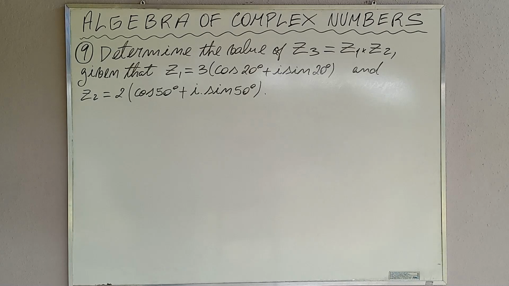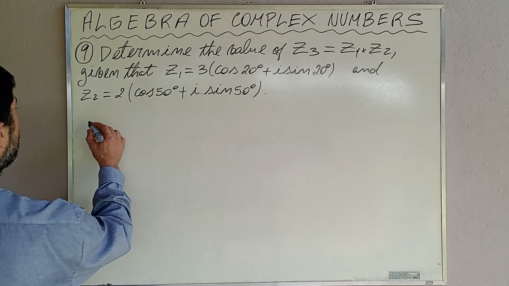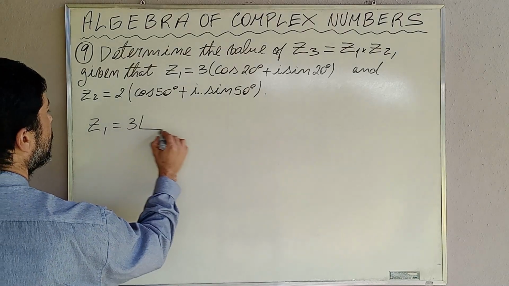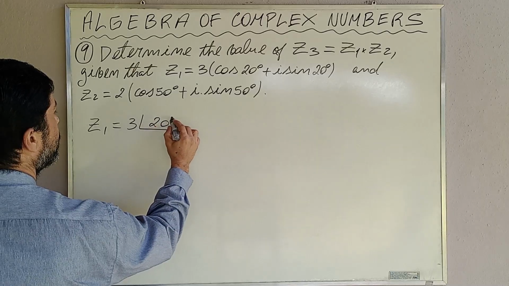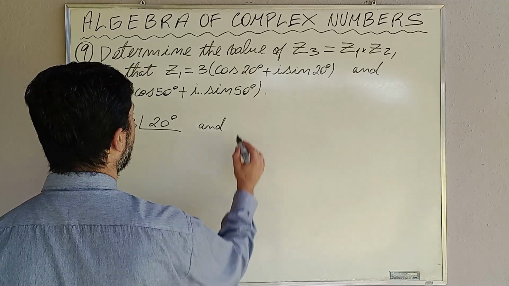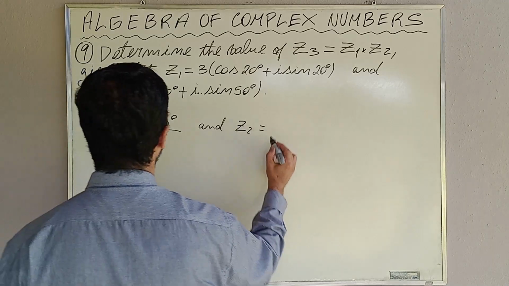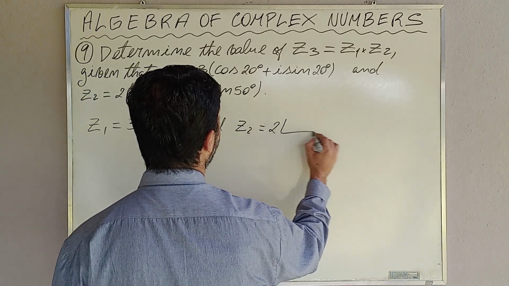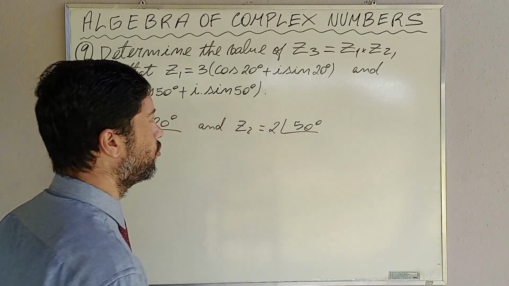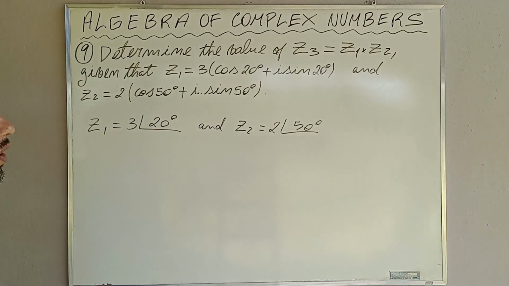To solve the problem, we can use the polar form as an intermediate step. The polar form of z1 is equal to 3 phase 20 degrees, and the polar form of z2 is 2 phase 50 degrees. We want z3.